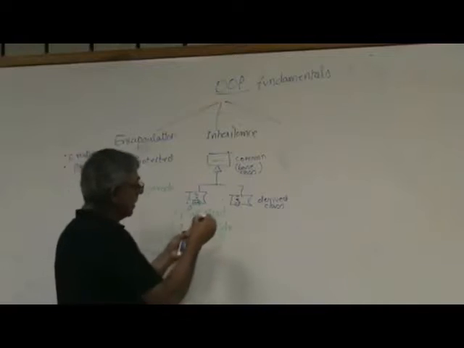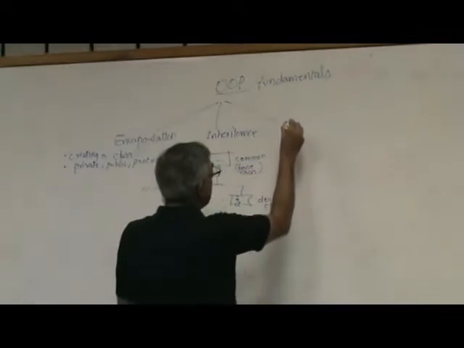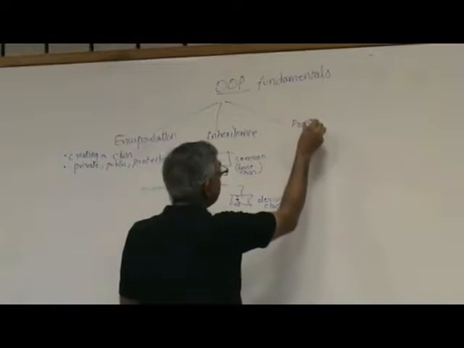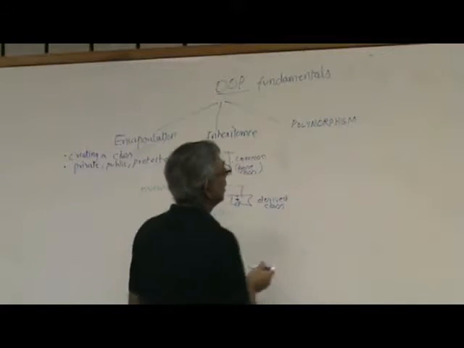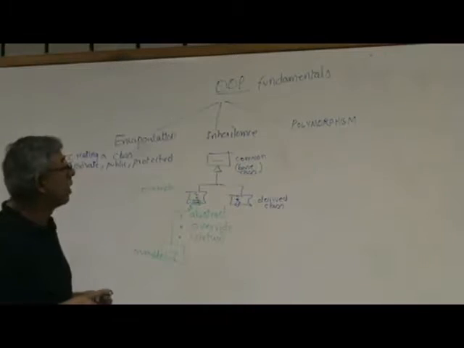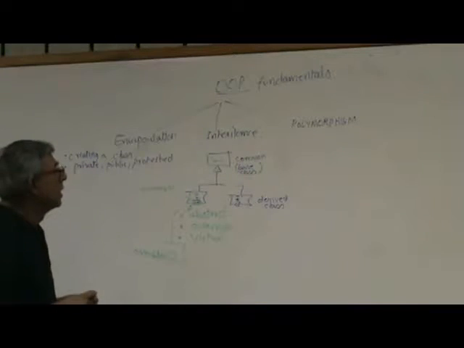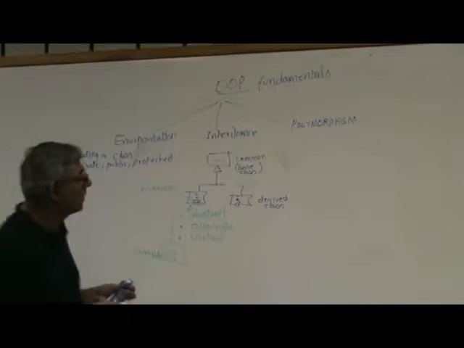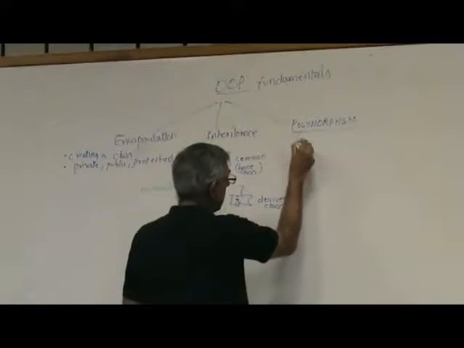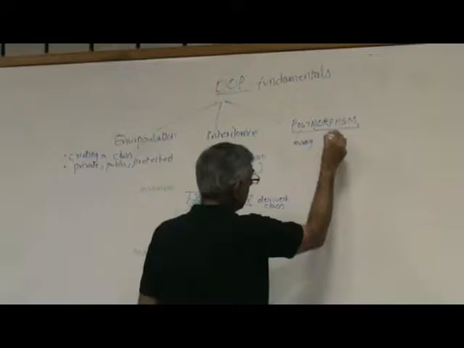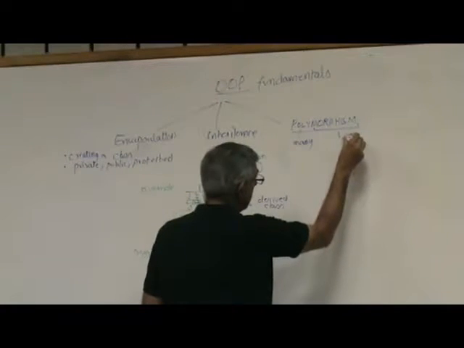And last lecture we were looking at polymorphism, which is the third fundamental concept in object-oriented programming. As we discussed in the last lecture, poly means many. Morphism basically means forms.